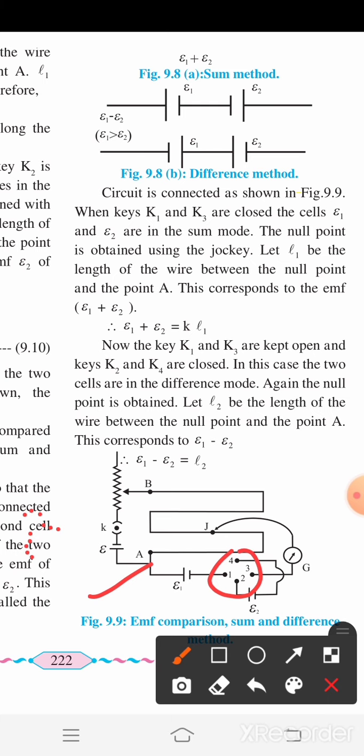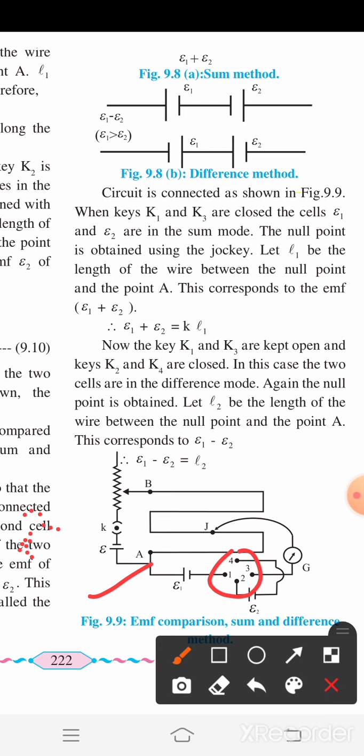So what is the working of this sum method? When keys K1 and K3 are closed, cells E1 and E2 are in the sum mode, and the null point is obtained by placing the jockey at different points of wire AB.